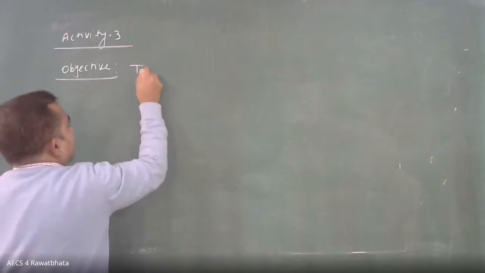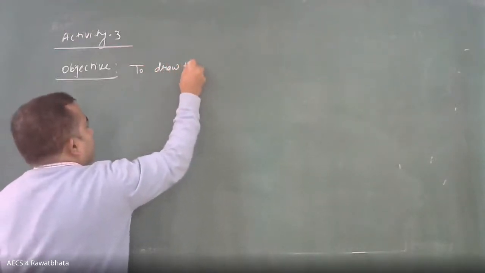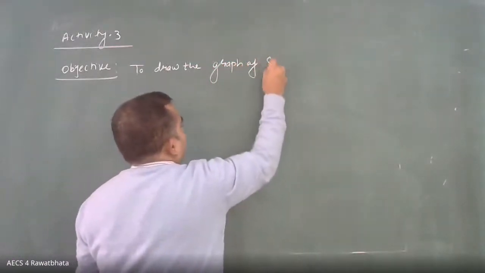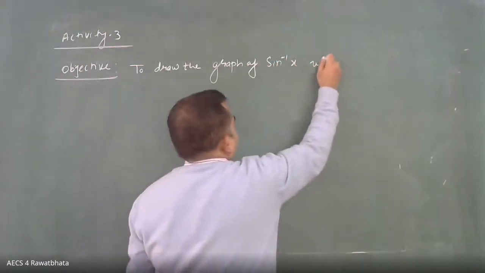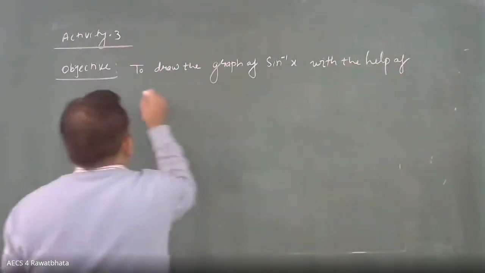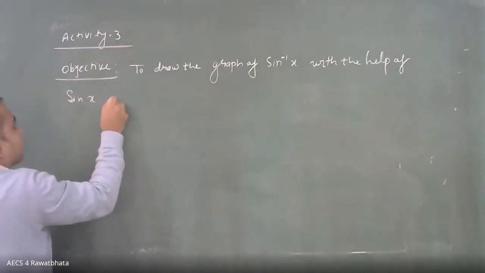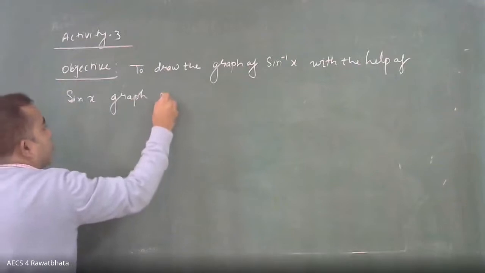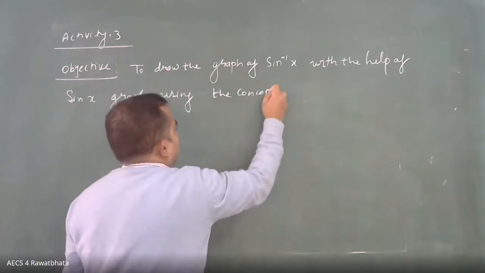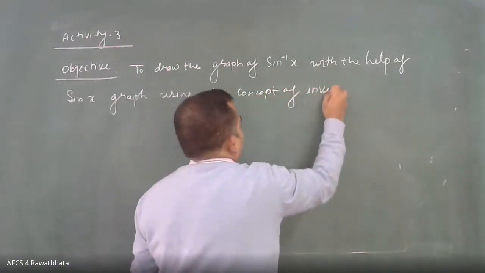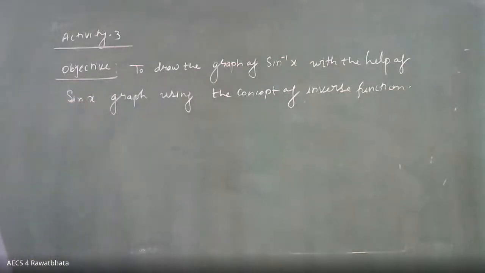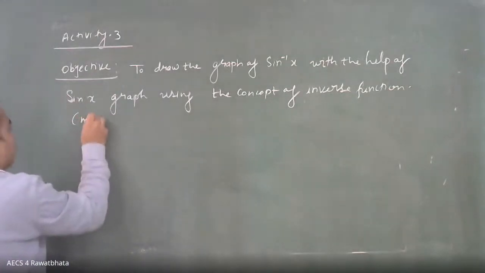This activity is to draw the graph of sine inverse x with the help of sine x graph using the concept of inverse function or mirror image concept, you can say.